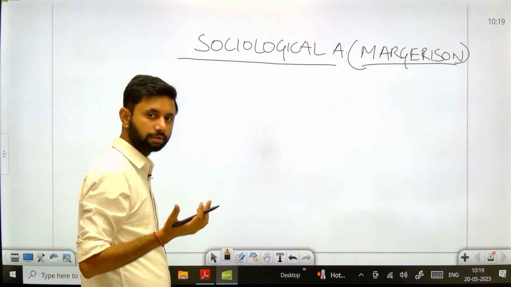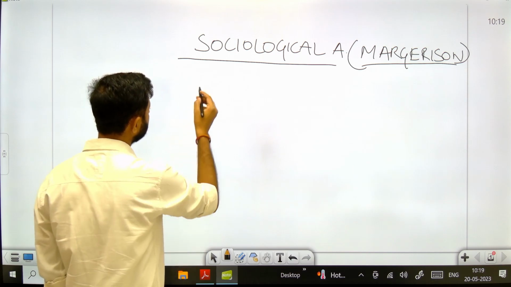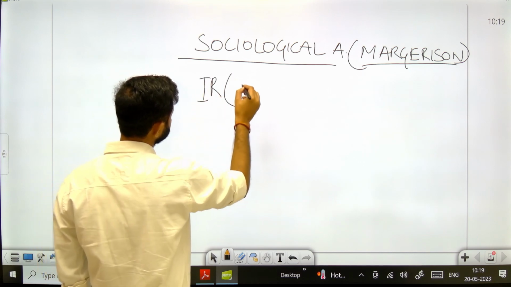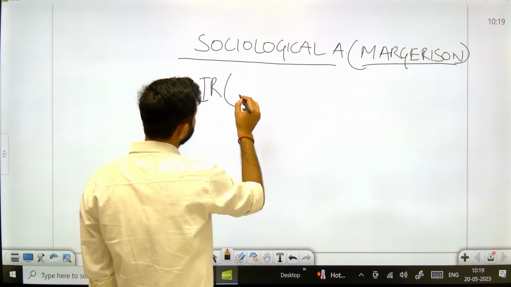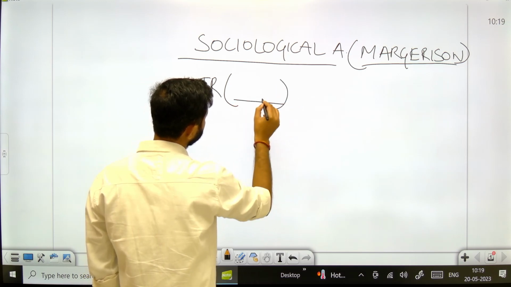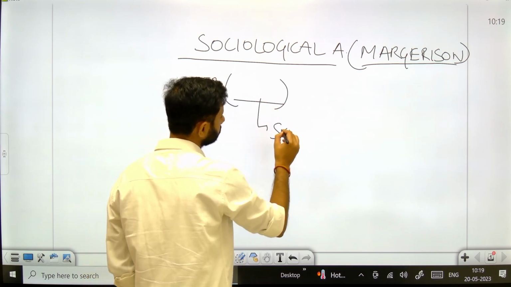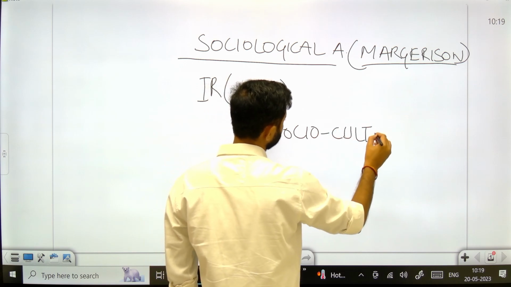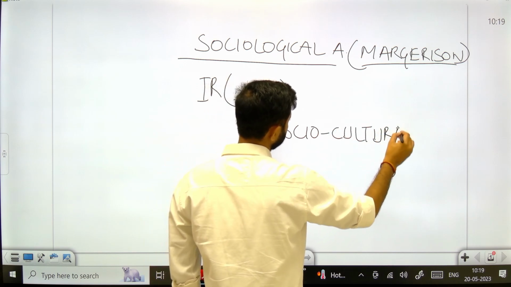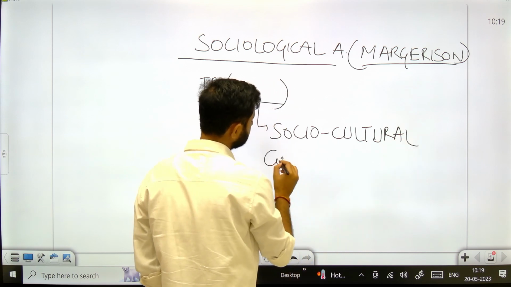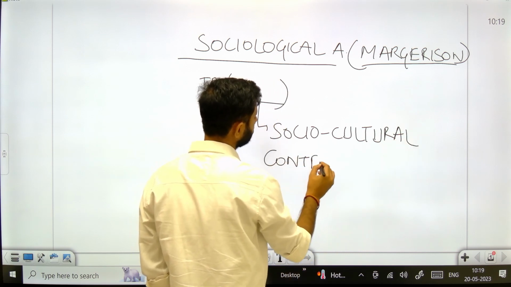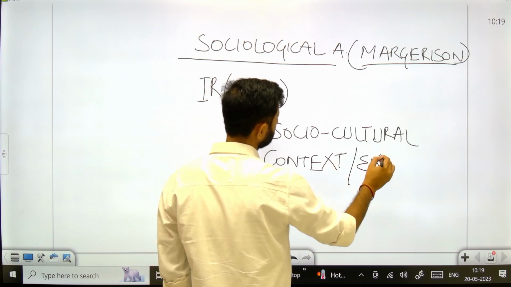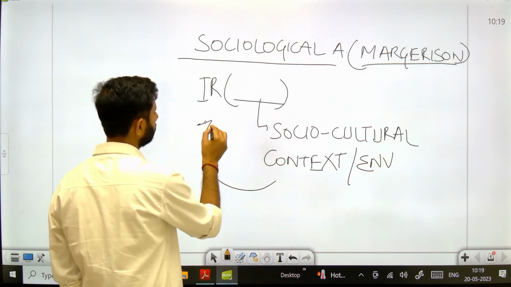The basic idea is that industrial relations, which is a relationship between various stakeholders, will be based on the socio-cultural context, or you can say environment, in which the industry is located.